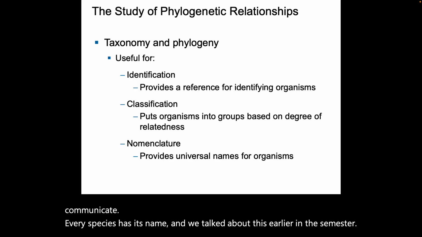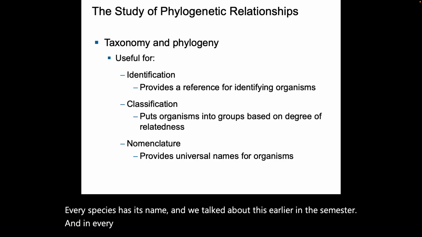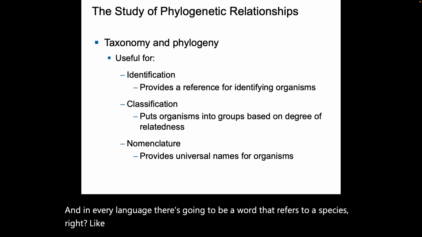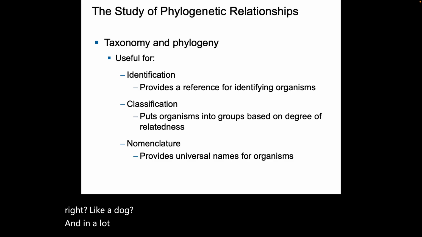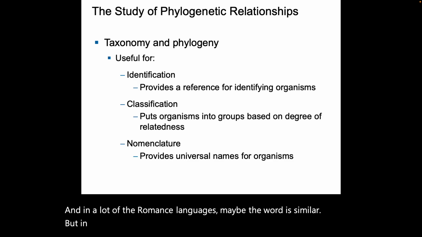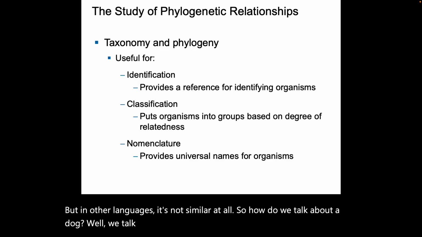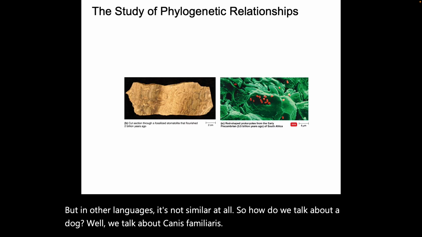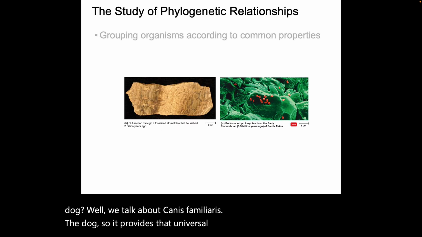In every language, there's going to be a word that refers to a species, right? Like a dog. And in a lot of the Romance languages, maybe the word is similar. But in other languages, it's not similar at all. So how do we talk about a dog? Well, we talk about Canis familiaris, the dog. So it provides that universal name that allows us to communicate.